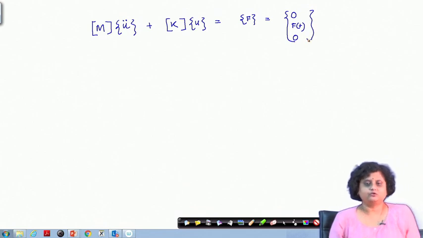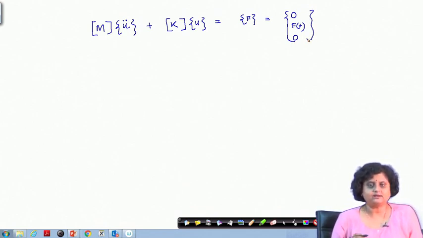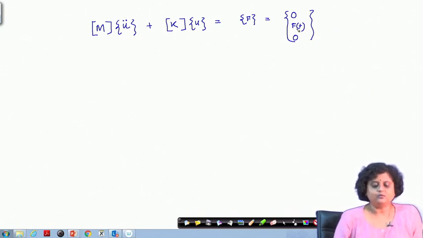So, there are no forces acting on mass m 1 and m 3, that is in the direction of degrees of freedom u 1 and u 3. The force is acting only on mass m 2, and that is how we write down the force vector.